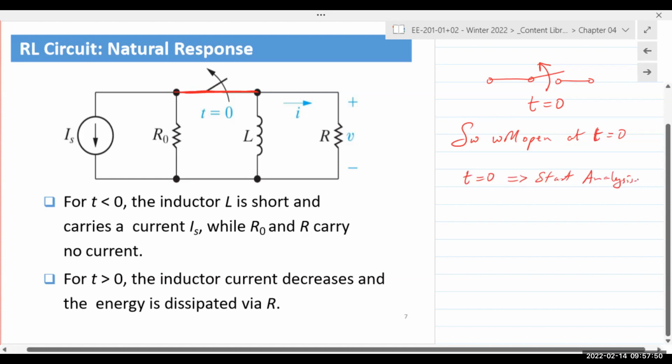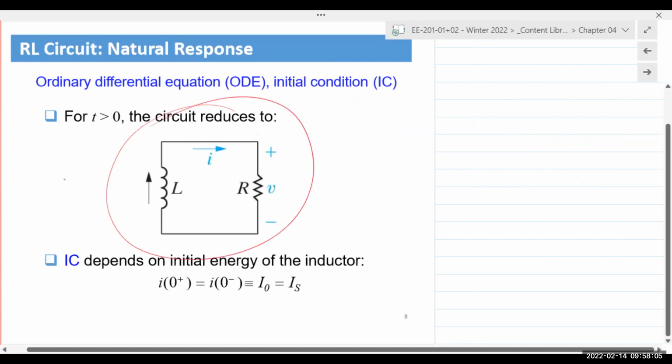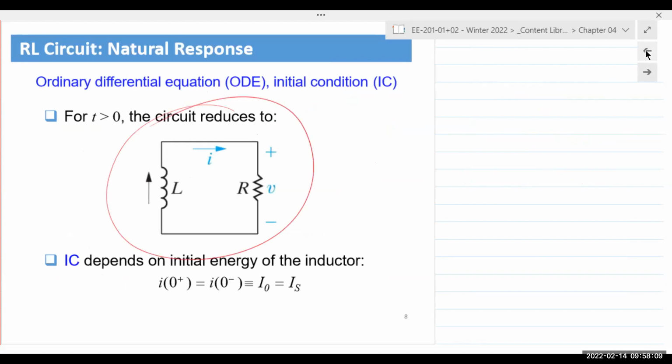Okay, and at t equal to 0, when the switch is opened, the source and resistor R0 get disconnected. The only thing left in the circuit is L and R on the right, and the circuit becomes like this. And that's why it's a natural response problem.